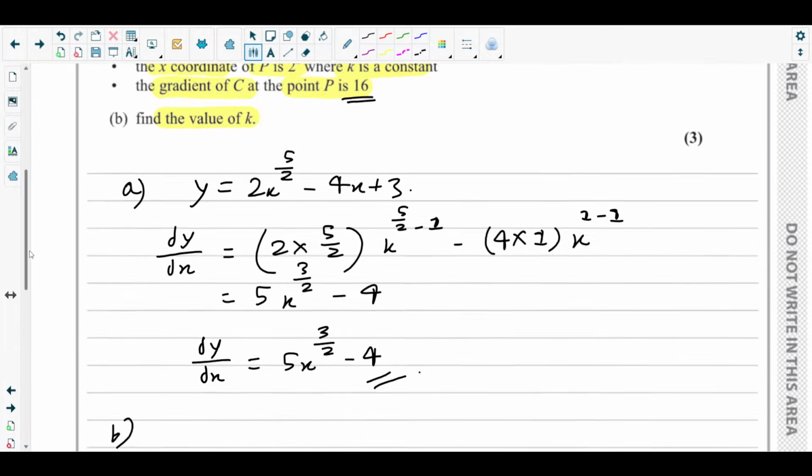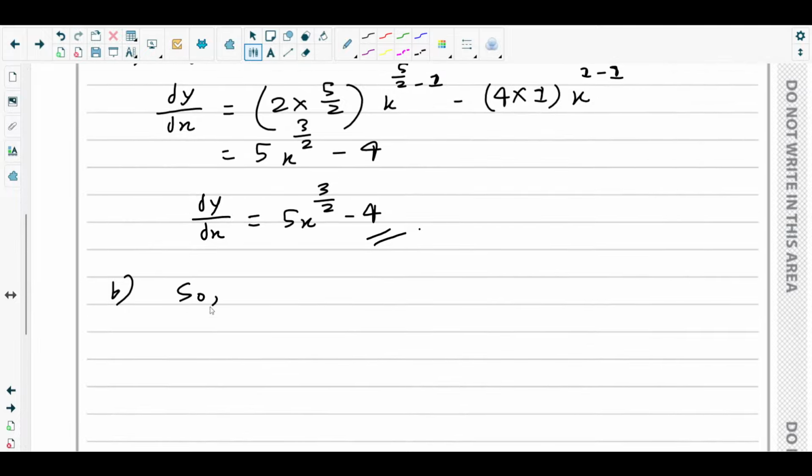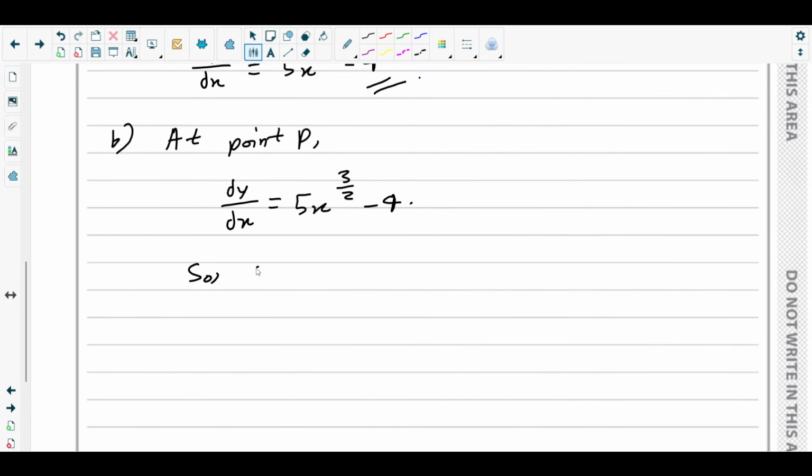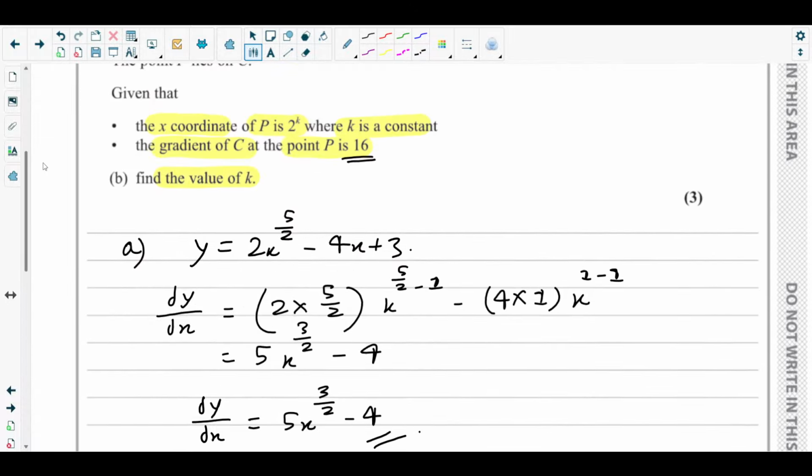At point P, the derivative is the gradient. We know that the derivative is the gradient function. So we can write 5x to the power 3 over 2 minus 4 equals 16.